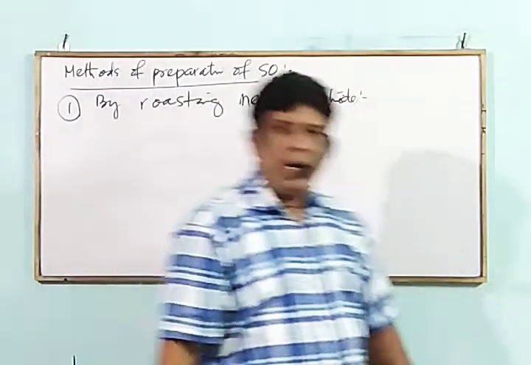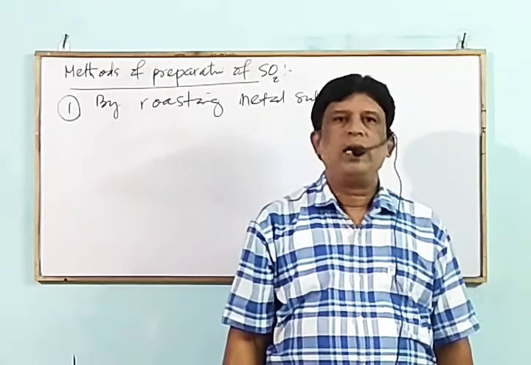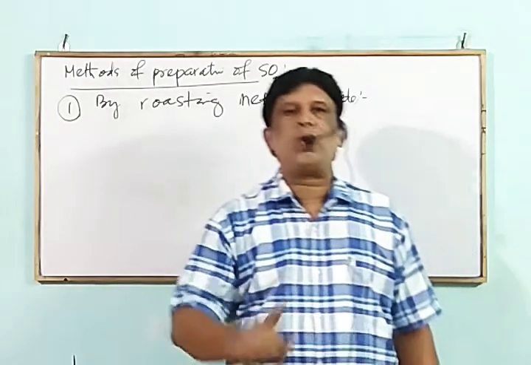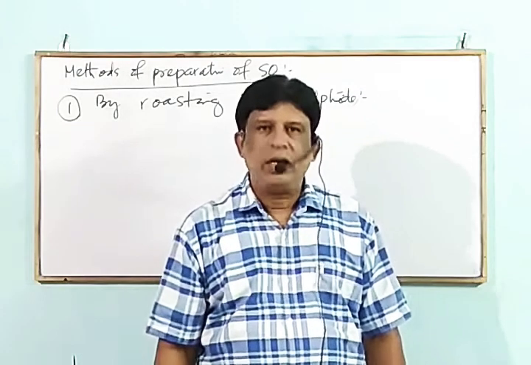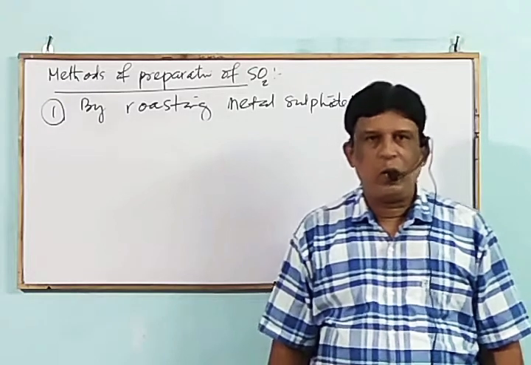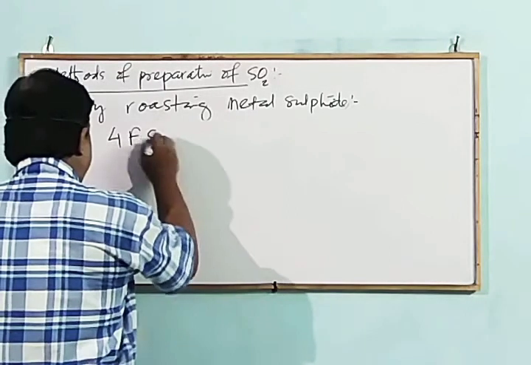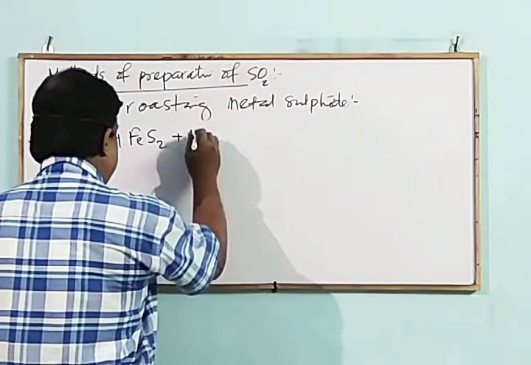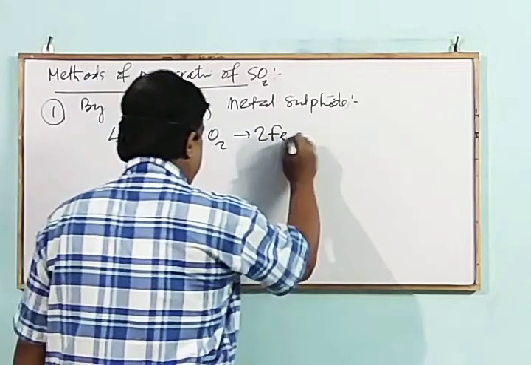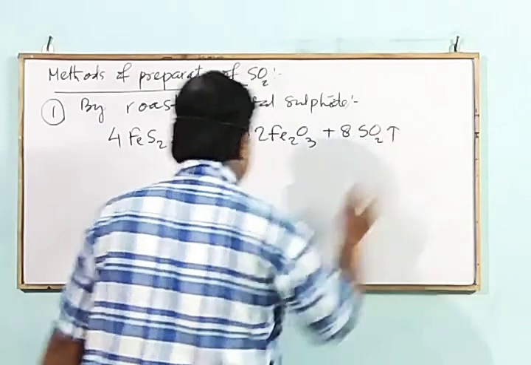That is metals like iron, zinc, lead. When their sulfides are strongly heated, it results in the formation of sulfur dioxide. Mark the equation. 4FeS2 plus 11O2 give rise to 2Fe2O3 plus 8SO2.